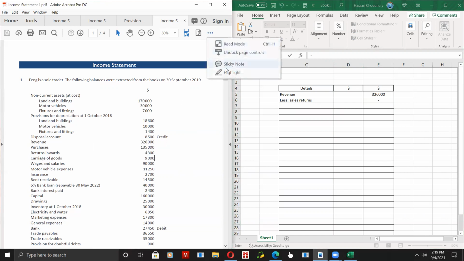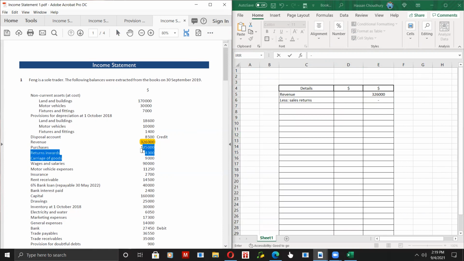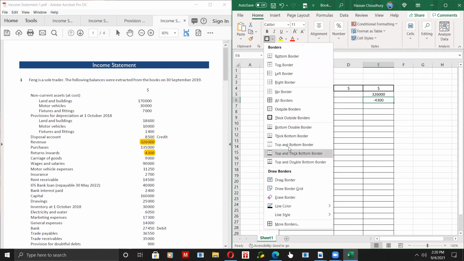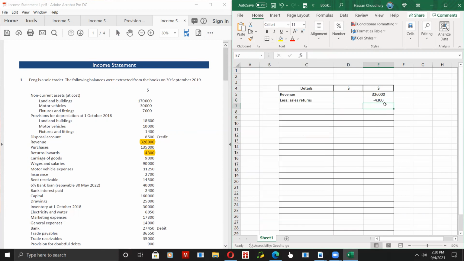So we're just going to highlight items that we take. So we've got sales done. We've got our return inwards over here done. So minus 4,300, and we get our net sales, which is, let's do this one over here, bottom thick border. Right, we get our net sales.